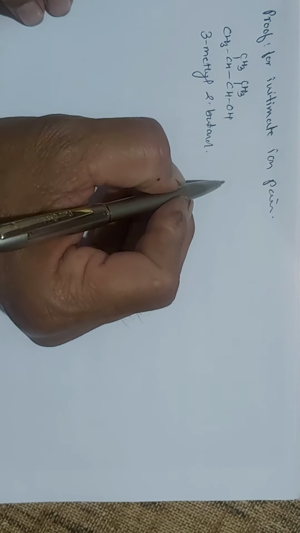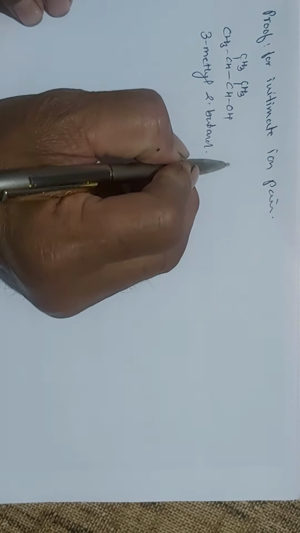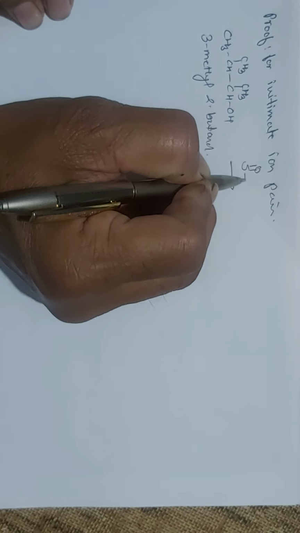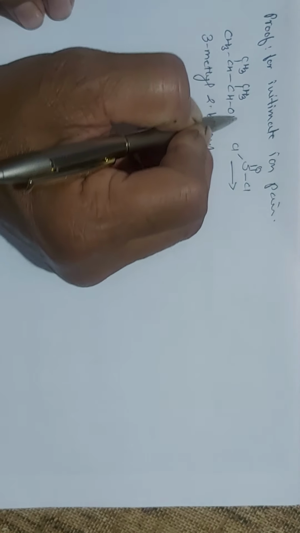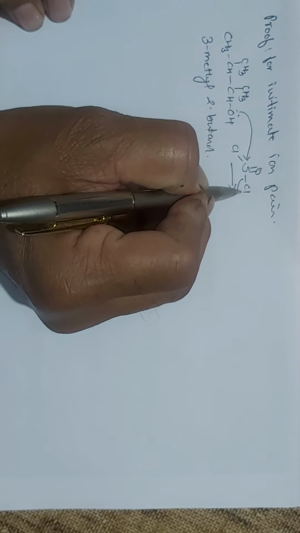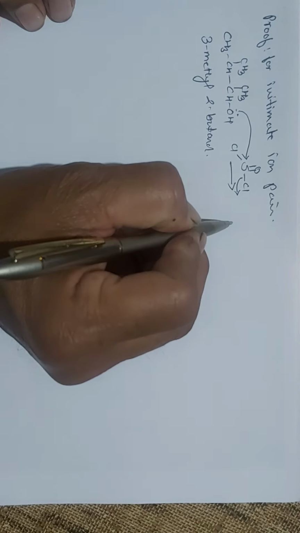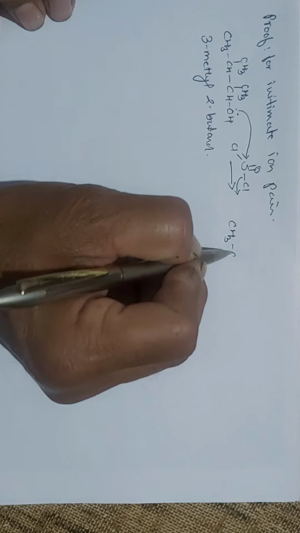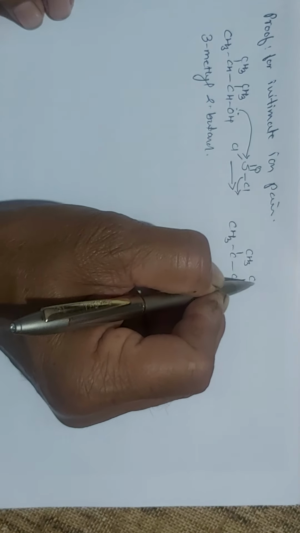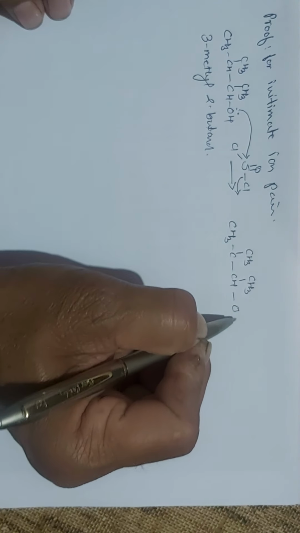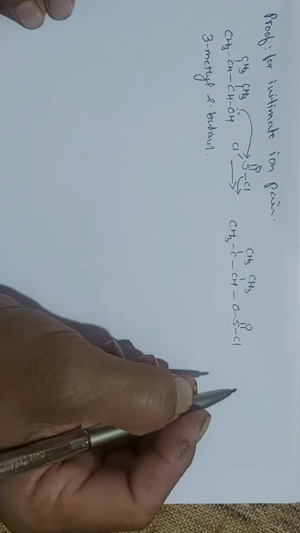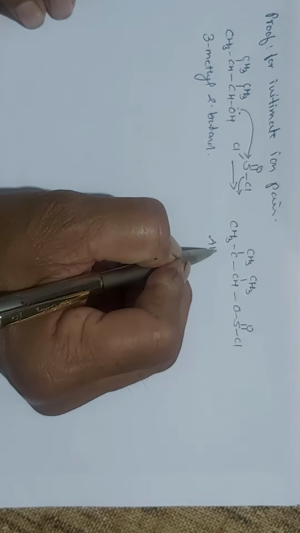On reaction with thionyl chloride, that is S double bond O, Cl and Cl, this electron pair of oxygen is given to this sulfur, and the chlorine is set free, and here you will get alkyl chlorosulfite, that is O S double bond O Cl. This is your alkyl chlorosulfite.